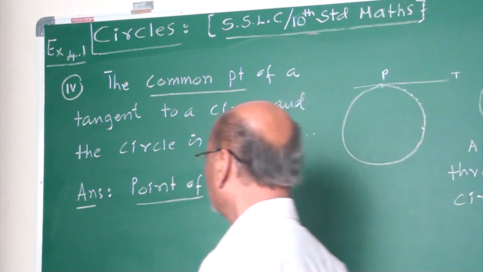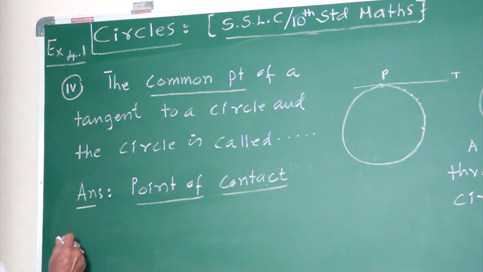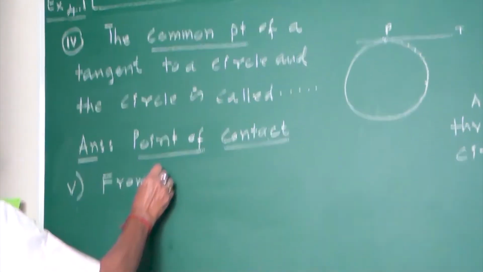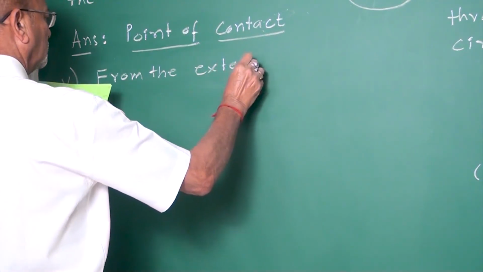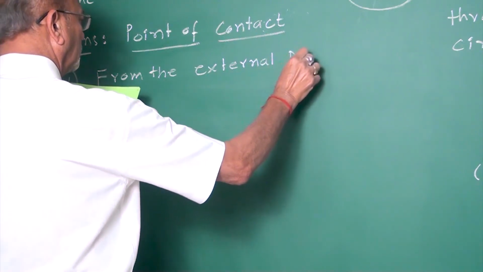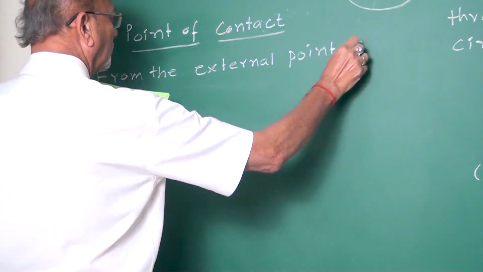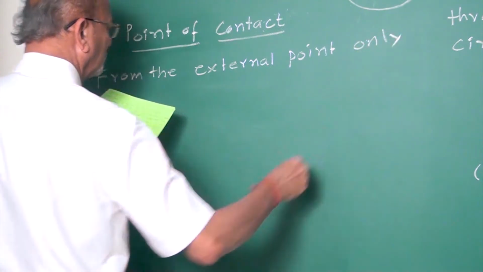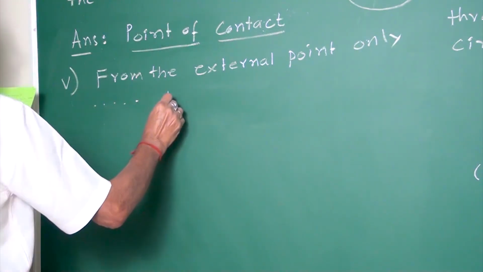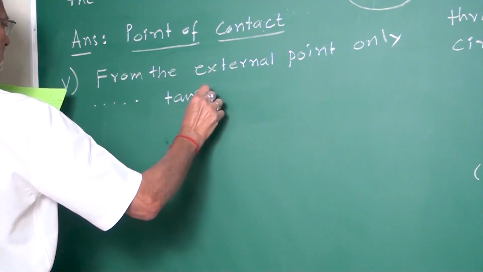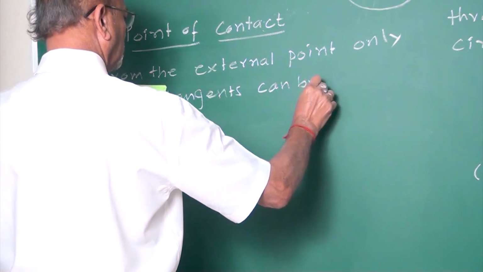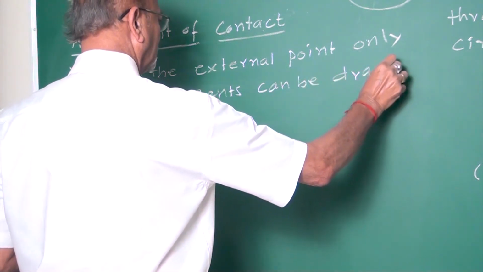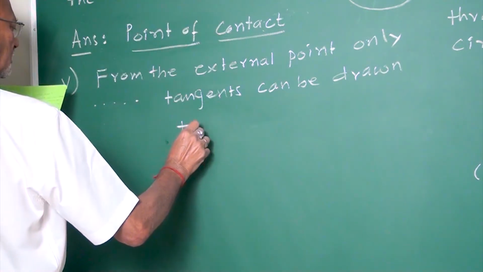One more, this fifth is: from the external point only, tangents can be drawn to the circle.